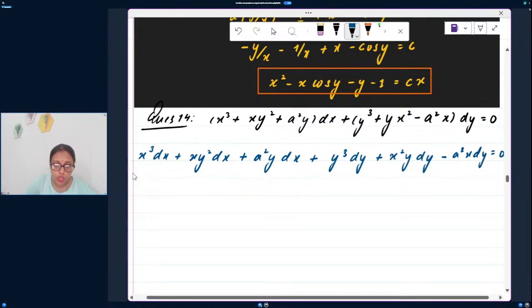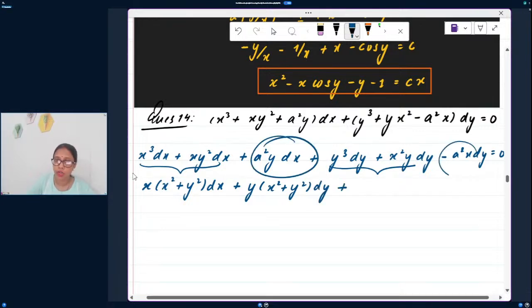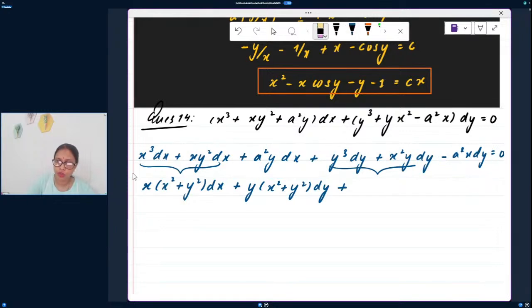What can be done over here? You can combine these two. It actually makes a formula where x can be taken common, and here, this y can be taken common. If you take x common, you are left with x(x square plus y square)dx, and this will be y common, so again (x square plus y square)dy, plus in this part and this part you can take a square common, and it is y dx minus x dy.